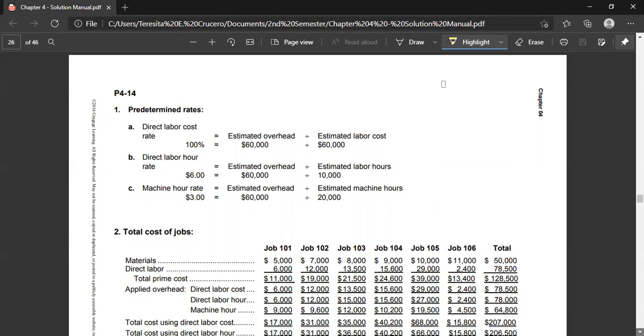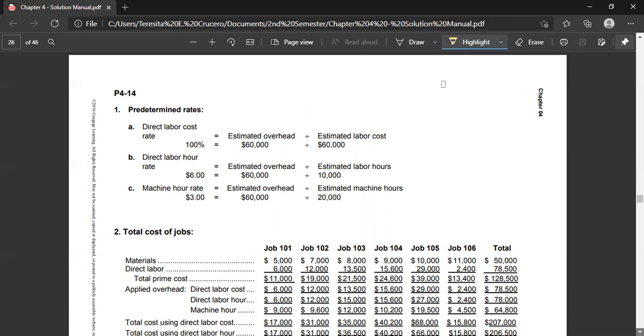The estimated overhead given on page 245 is 60,000, and the estimated direct labor cost is also 60,000. So dividing estimated factory overhead by estimated direct labor cost gives 100%.